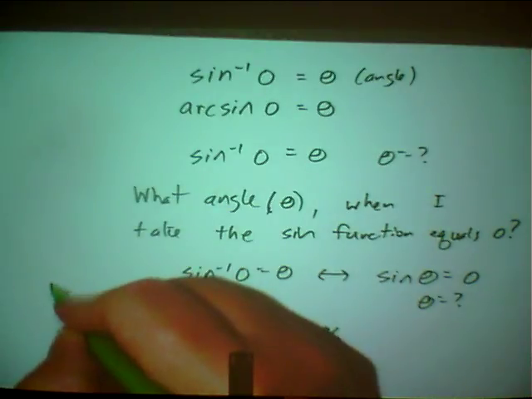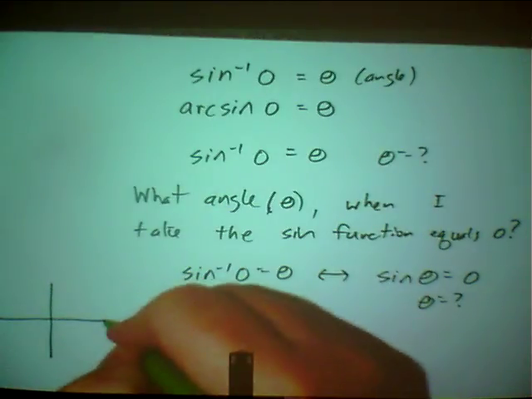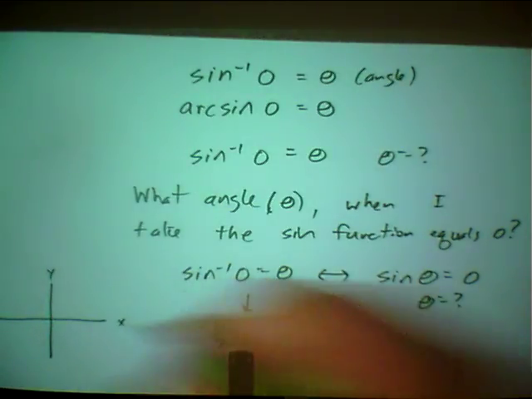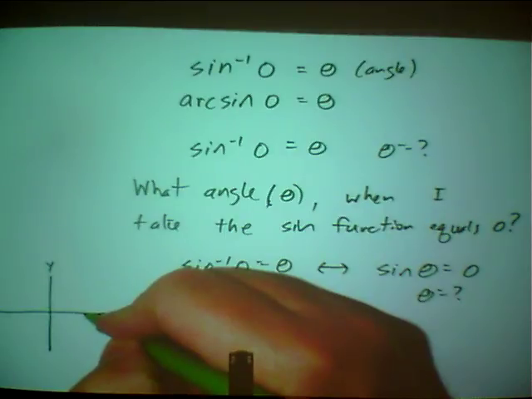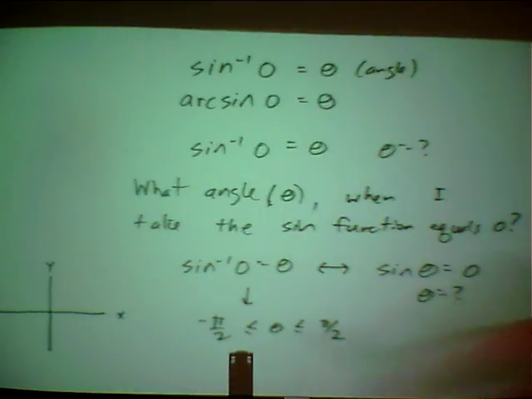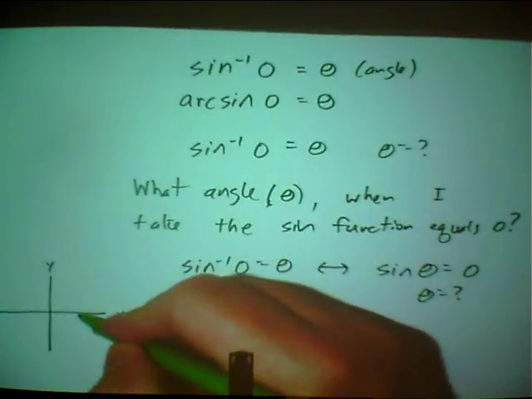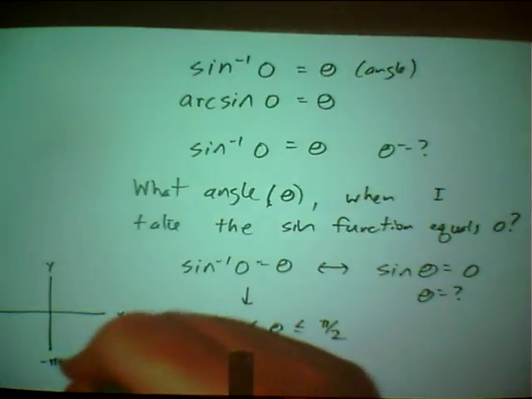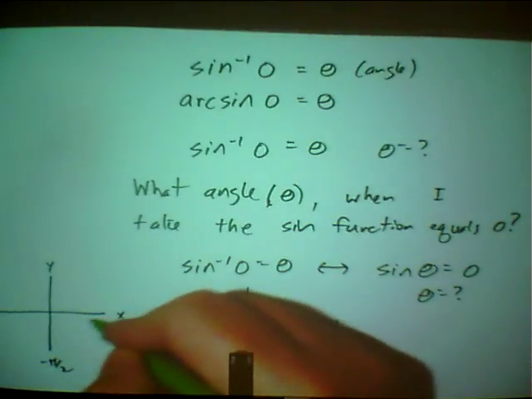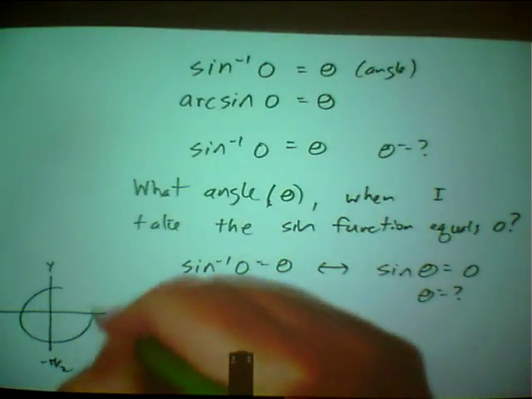If we think about the unit circle, we don't work with negative angles a lot, but you recall a positive angle starts at the x-axis and goes counterclockwise. A negative angle goes clockwise. So negative pi over 2 is actually down here.